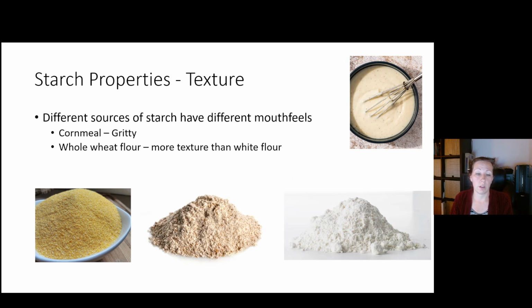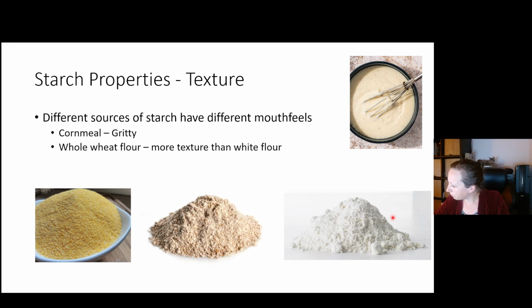And then, I don't have this on the slide, but if you have just a cornstarch, that is going to have a smoother texture than what the whole wheat flour has. So if you're going for a certain smoothness or roughness to your texture, you want to choose your source of starch accordingly. So that is where we are going to stop.